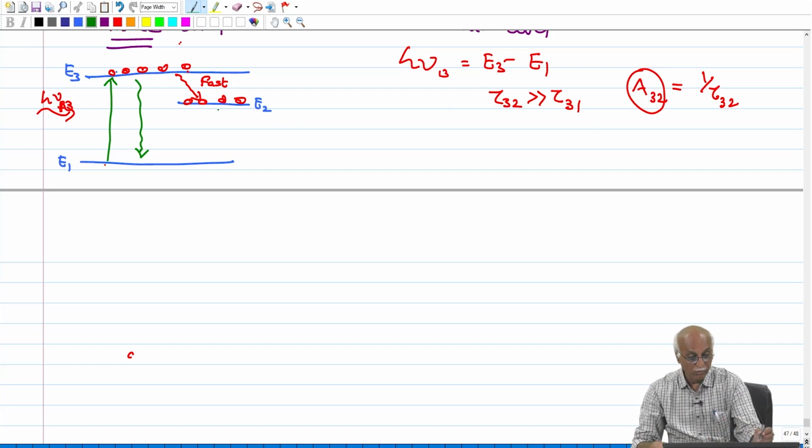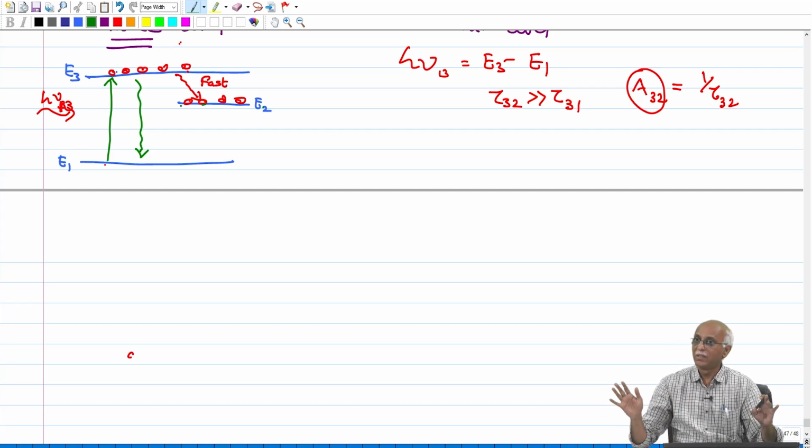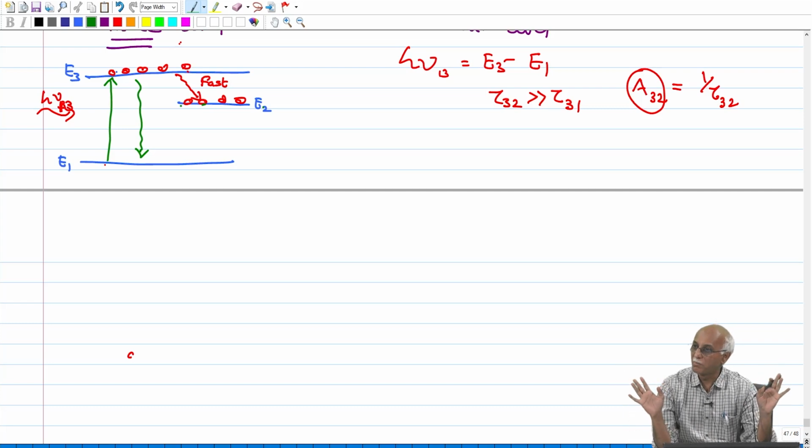But one more point, let us say E2. Now the excited atoms are getting depleted from E3 and all atoms are coming to the E2 level. The competition between E1 and E3 does not come into the picture, because E3 is always empty, theoretically.